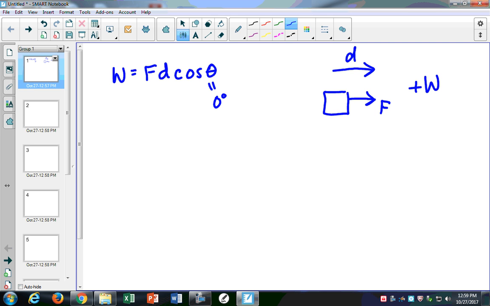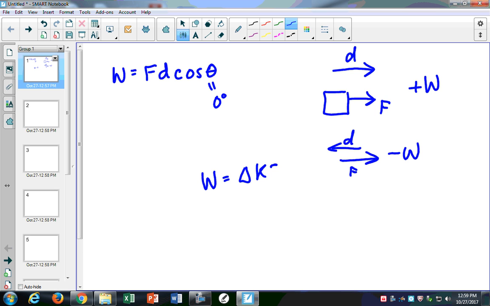On the other hand, if the displacement and the force are in opposite directions, then that means negative work, like in the case often with friction. That's negative work because the angle is 180 degrees and the cosine of 180 is negative 1. This is important because the work-energy theorem says that if I do work on an object, then I change its energy.